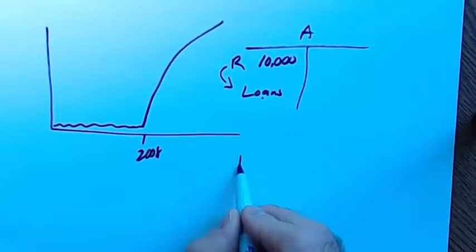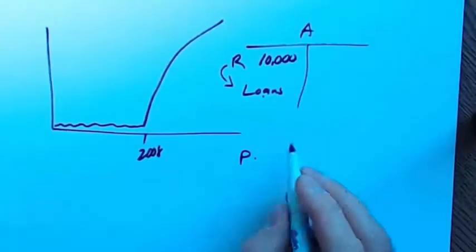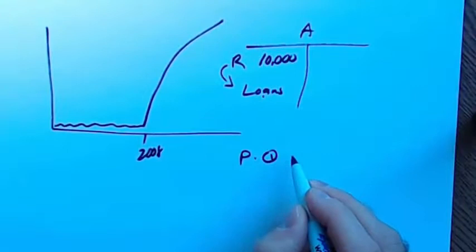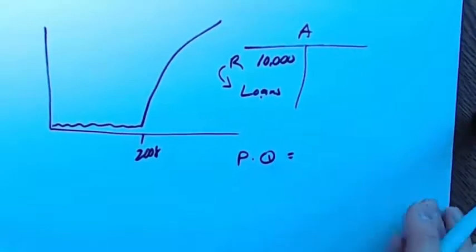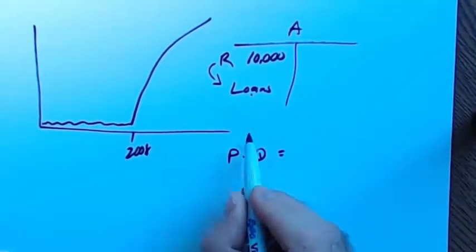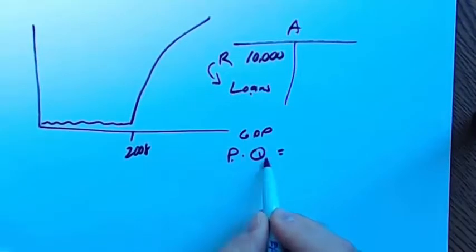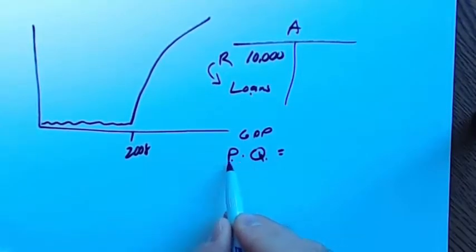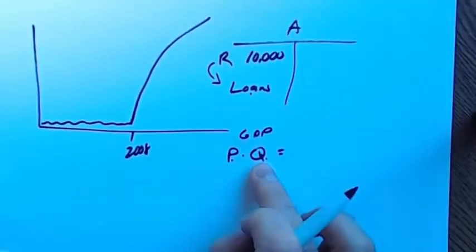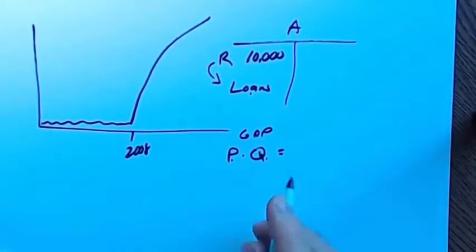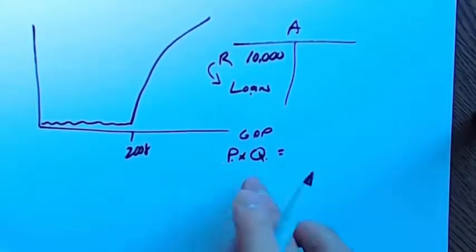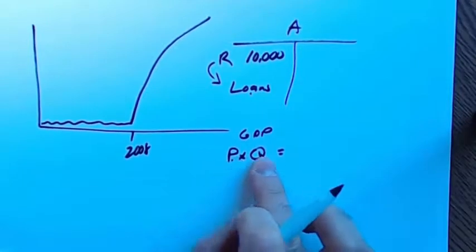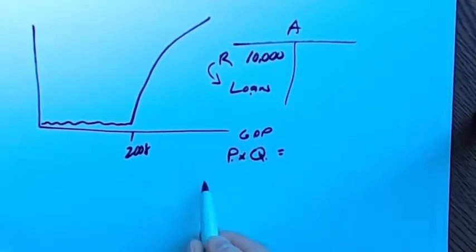So remember the old money equation that I showed you in class one time. You could think of GDP as the price times quantity for all goods and services. The price of the goods times the quantity. You're adding this up, this multiplication here. You'd add up each one for every good in the entire country.